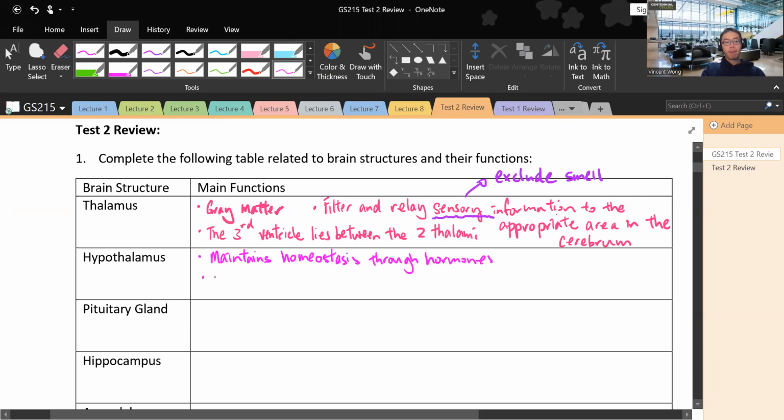It works closely with the pituitary gland, which is the next one here.